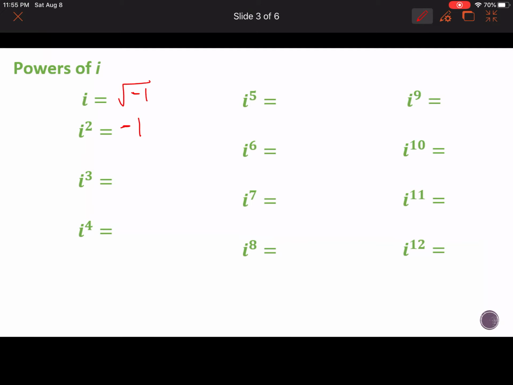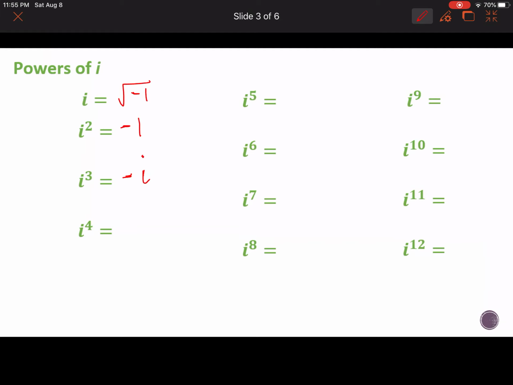Those were the only two rules. If you know that, you can find the value of any i to any exponent because it is cyclical. Every 4 rotations, it starts over. So i cubed is actually equal to negative i.